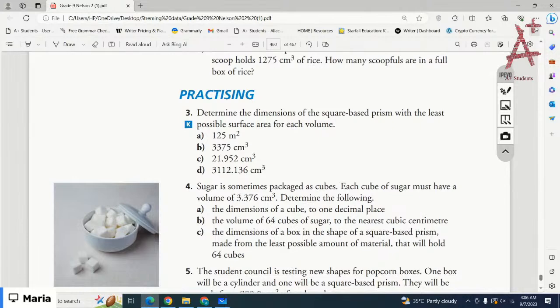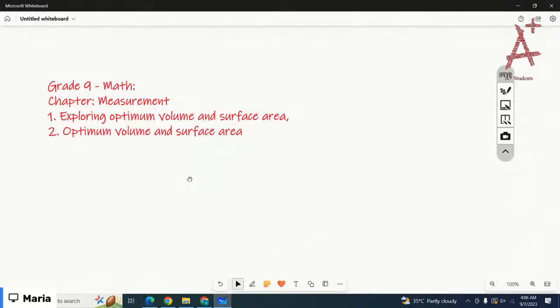You have to find the dimensions of the square-based prism, right? So you are given the surface area and volume, right? The first one is 25 meters square. Question number 3.